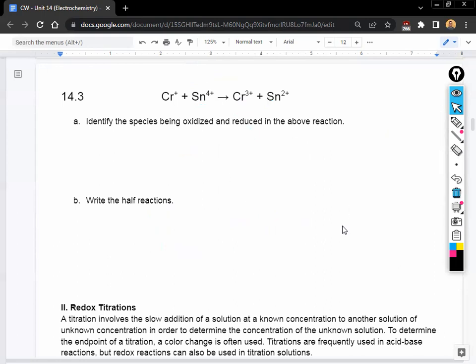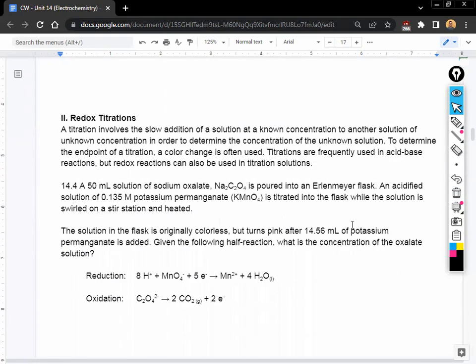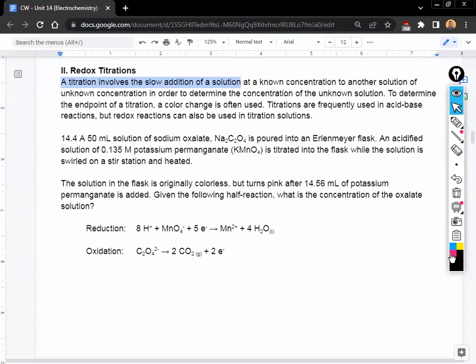Okay, let's move on. So we did acid-base titration, but now we're going to have redox titration, okay? So we know that titration is a slow addition of a solution at a known concentration to another solution of an unknown concentration. So if you guys remember, we did titration a long time ago in the acid-base unit, but we're basically just dropping a solution that we know the molarity of, let's say it's 2 molarity, and then we're dropping it into a solution that we don't know the molarity of.